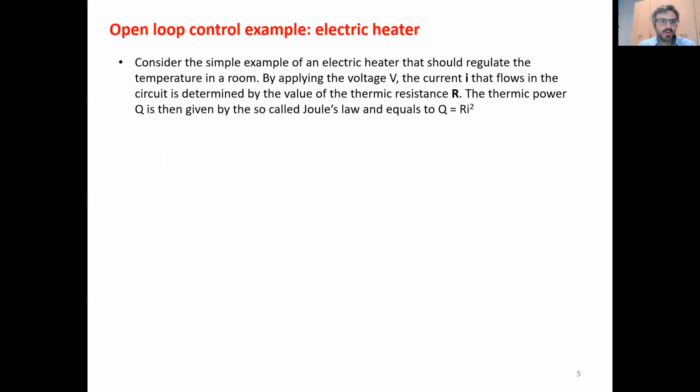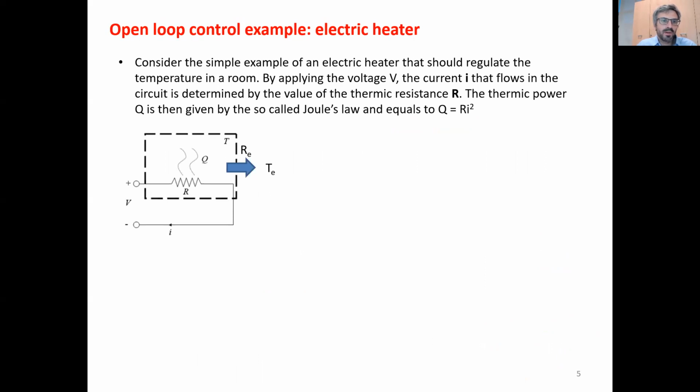For example, this is a sample of an electric heater that should regulate the temperature in the room. To regulate the temperature, you can apply a voltage to the heater such that a current flows inside the resistance. The current flow generates thermal Joule losses that are transformed into heat.